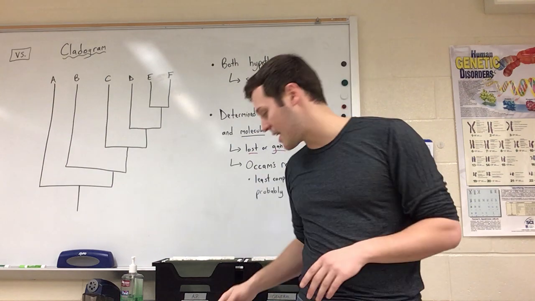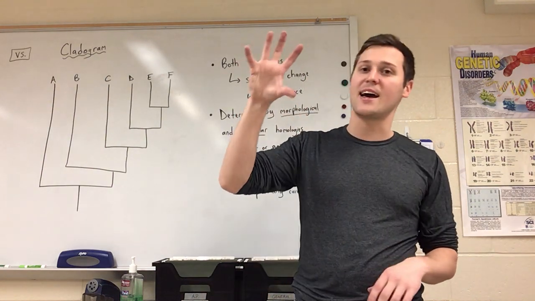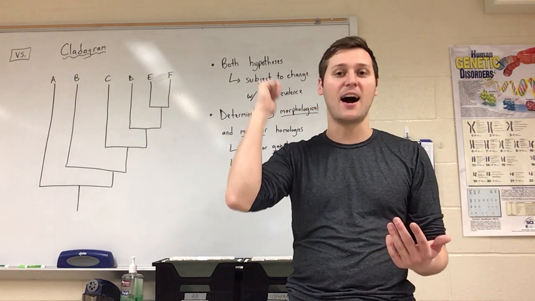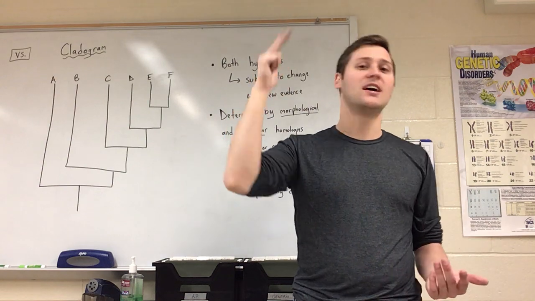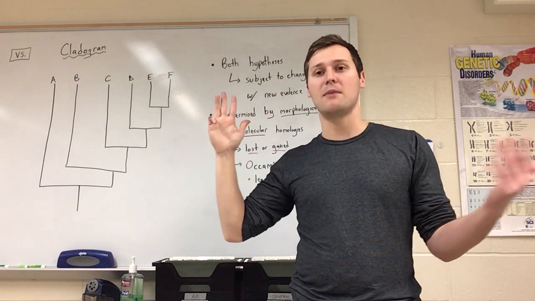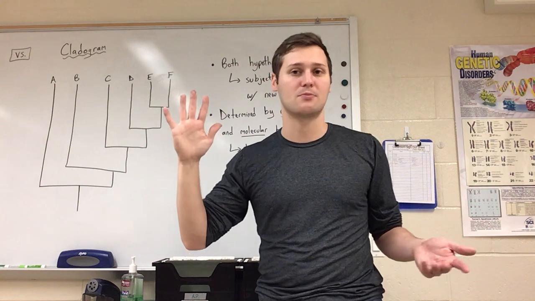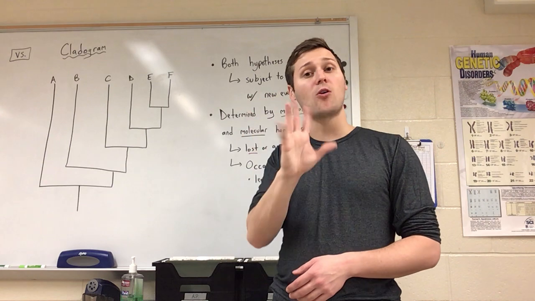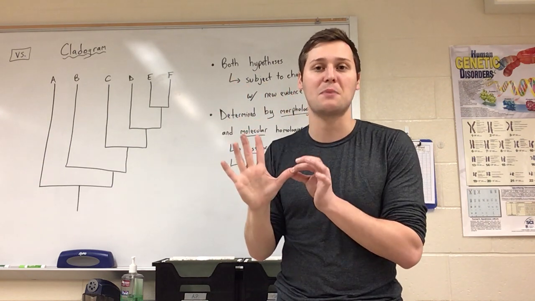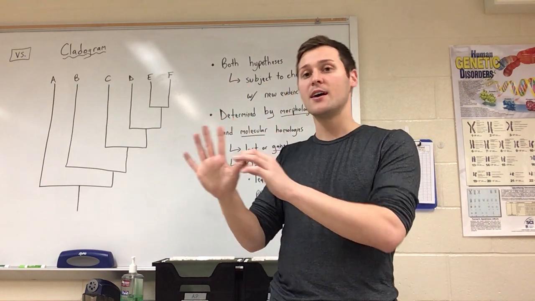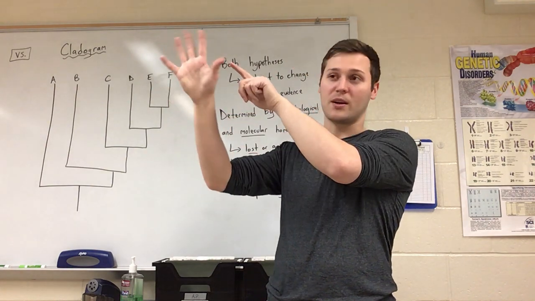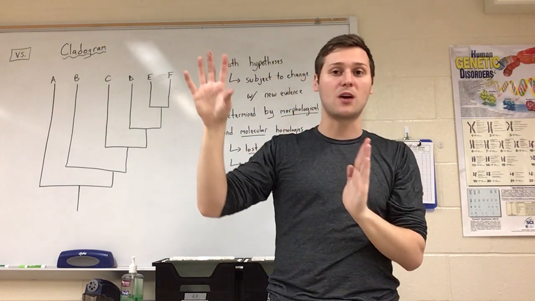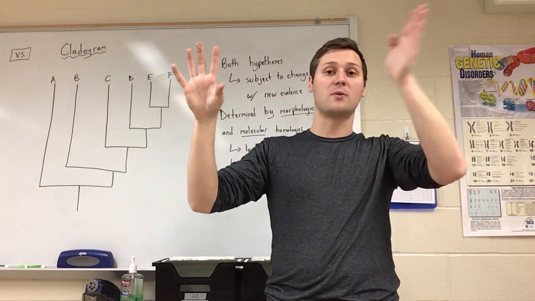So for instance, let's say we have a species that has spikes, it has, let's say, eyes, maybe it has hooves, maybe it has a tail, and maybe it has sharp nails, right? So those are 5 traits. Now, if you see another organism that has all of those 5 traits, but maybe is missing eyes, maybe is missing one, chances are it probably diverged from this one organism that had 5 traits and shared a common ancestor with that one, rather than coming up with all 4 traits on its own without eyes.